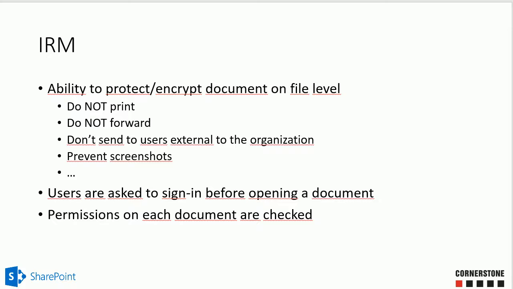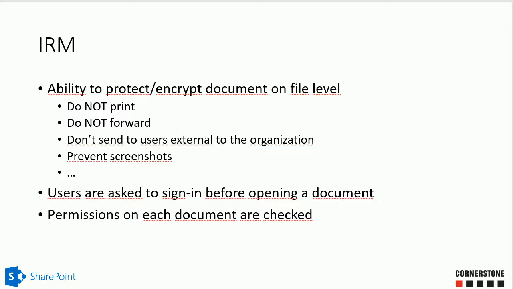So what happens is when you open such a protected Office file, these are Office files we're talking about, Microsoft Office, including Microsoft Office Online, connects to the IRM server and checks what permissions this user has on this file.